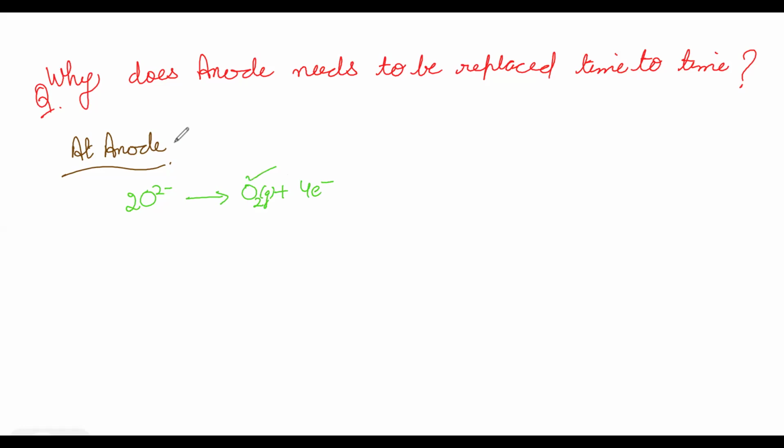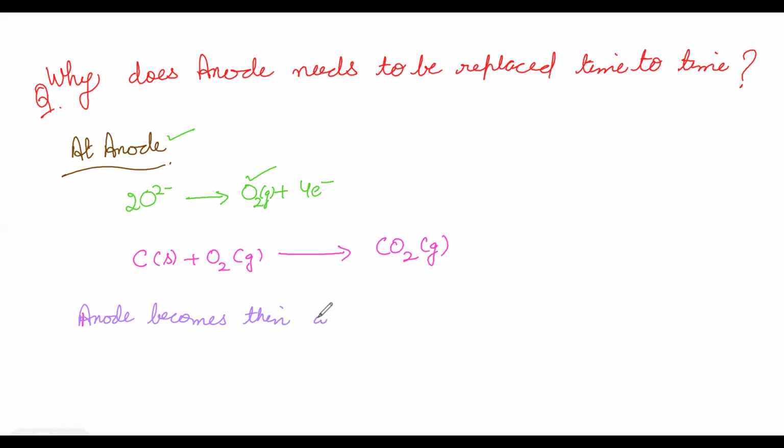Now this oxygen gas, which is produced close to anode being made up of carbon, reacts with this oxygen. And the anode wears off as carbon dioxide gas. And that is why anode becomes thin with time. It reduces in size. And so it needs to be replaced.